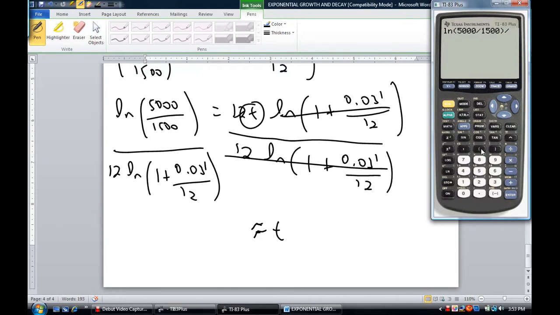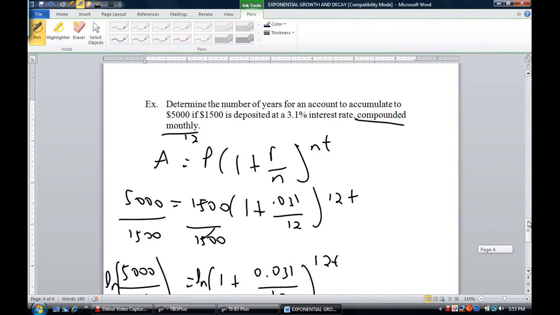We're going to divide that by, I'm going to use parentheses, all that in one big parentheses, 12 natural log of 1 plus 0.031 divided by 12. Closing it for the natural log. Close it again for the denominator. Enter. Ooh, what was that? Don't need that. Delete that. Enter. And we get about 38.89 years.